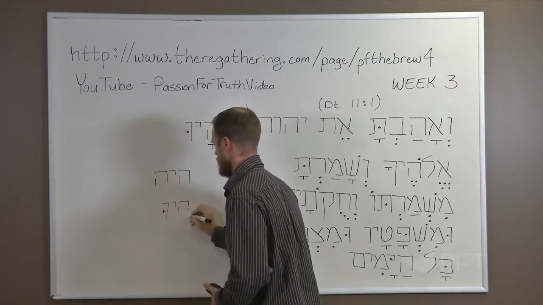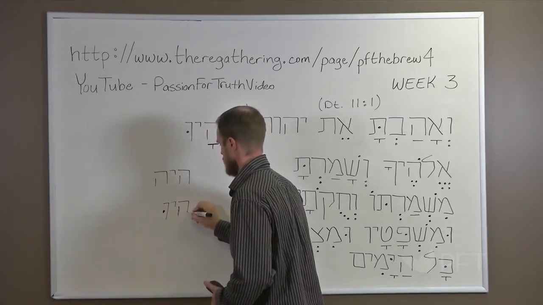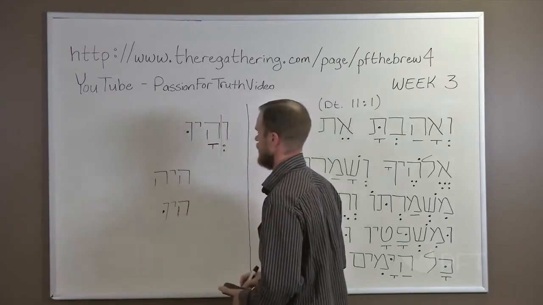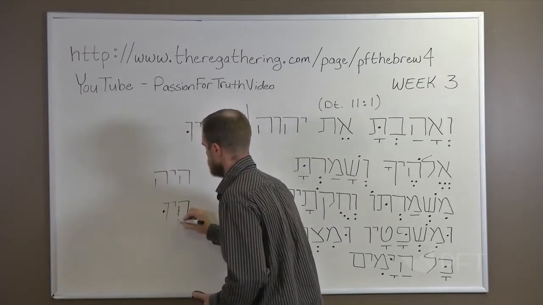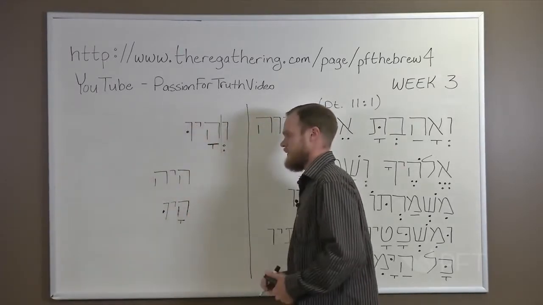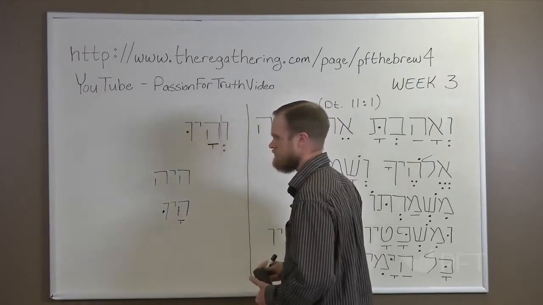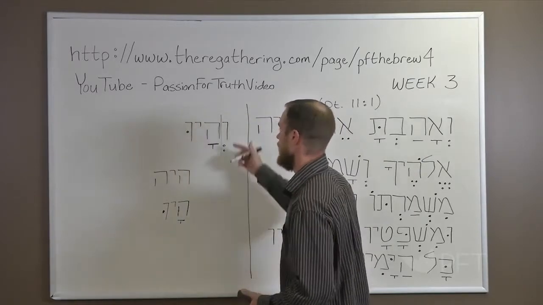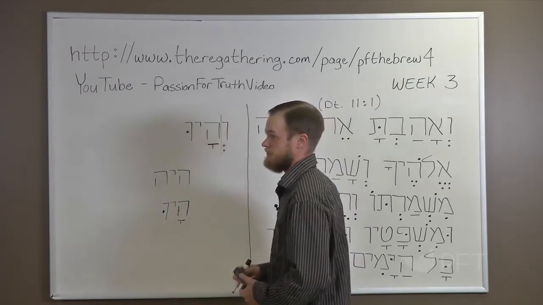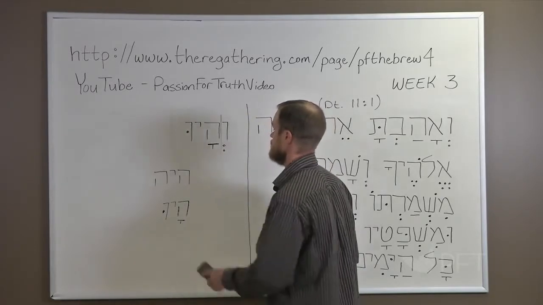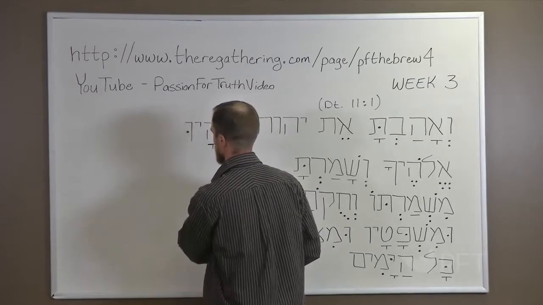And actually, I think I have a sheet you can refer to on the conjugation of haya. But hayu would mean they were. Adding the vav at the beginning inverts it, so it becomes and they will be. Words they will be.